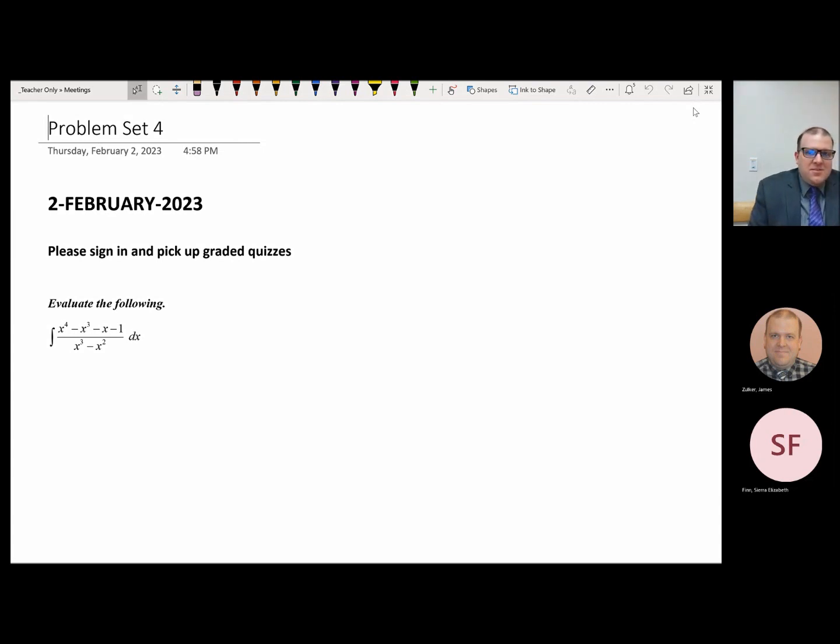I believe proper fractions are ones that are less than 1. Well, that's if it's a fraction, right? So yes, but what about if it's a rational function? The denominator is a higher degree than the numerator. Right, the degree of the numerator is less than the degree of the denominator.